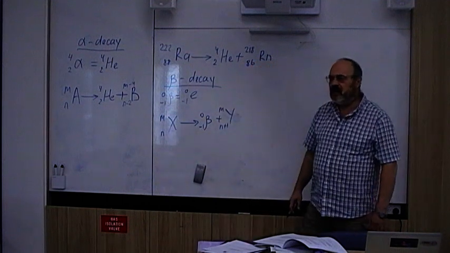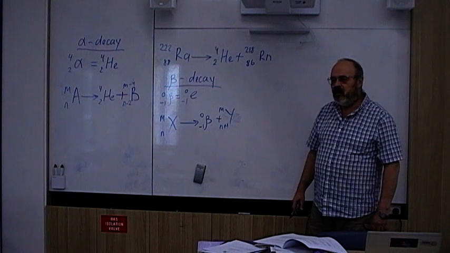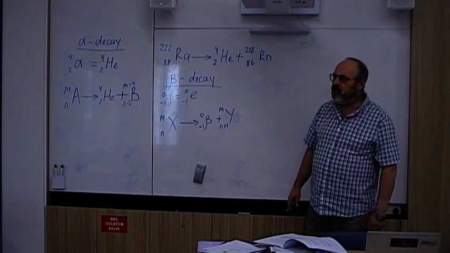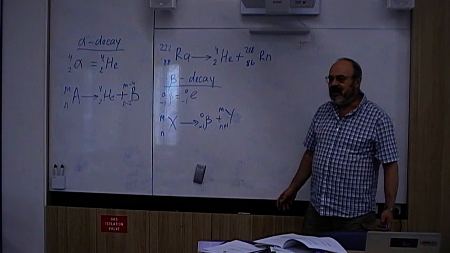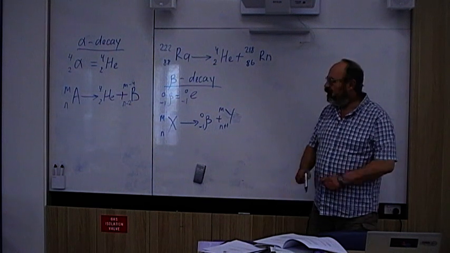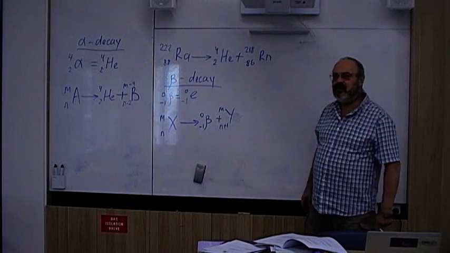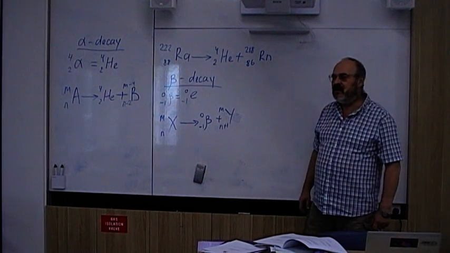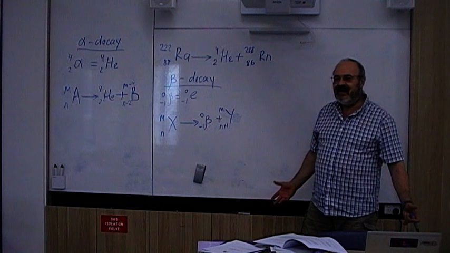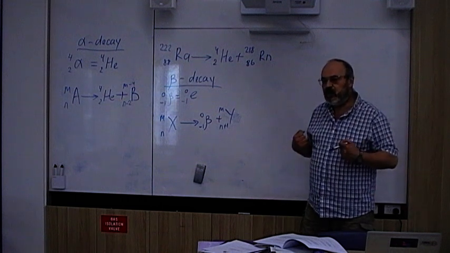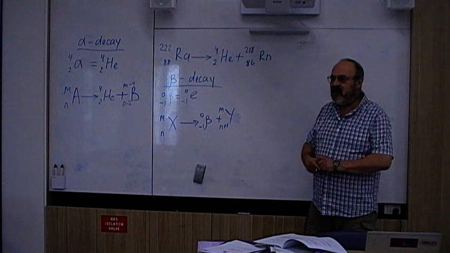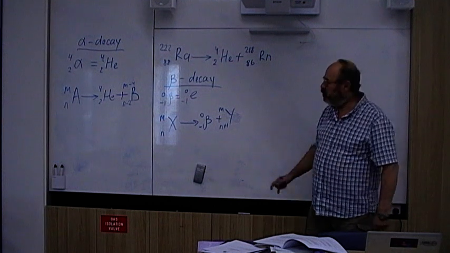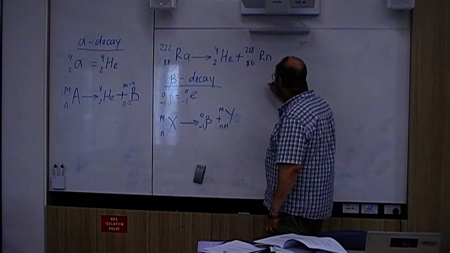You may ask, where is the electron coming from? Are there any electrons in the nucleus? No, there are no electrons. Then how is an electron ejected from the nucleus if it's not there? Because subatomic particles can turn one into another. What happens is that one of the neutrons turns into a proton.